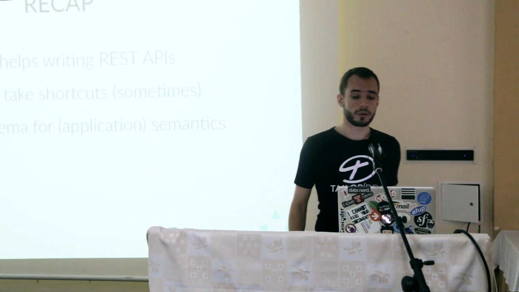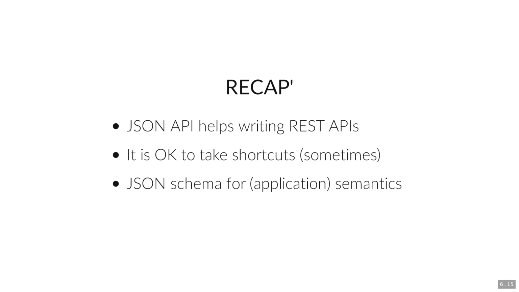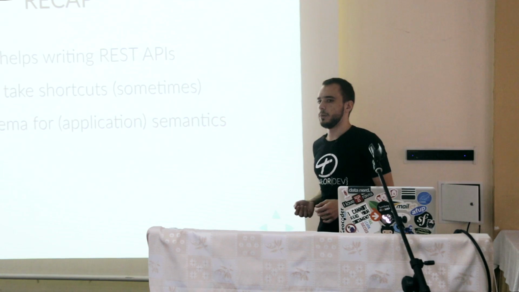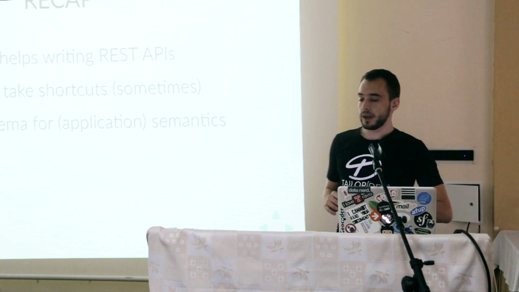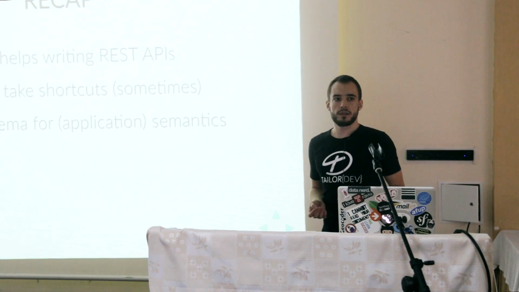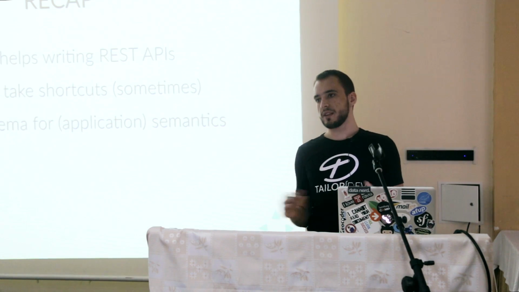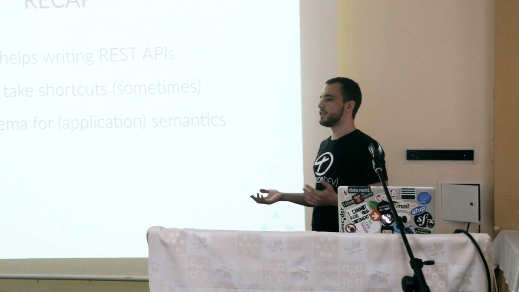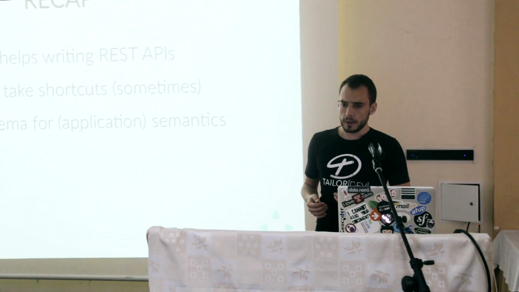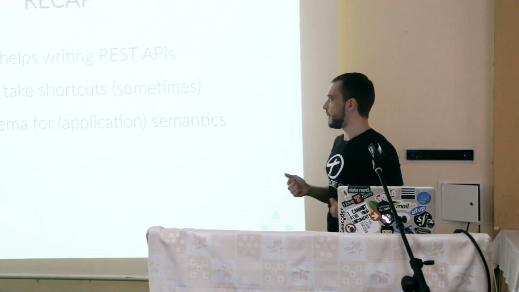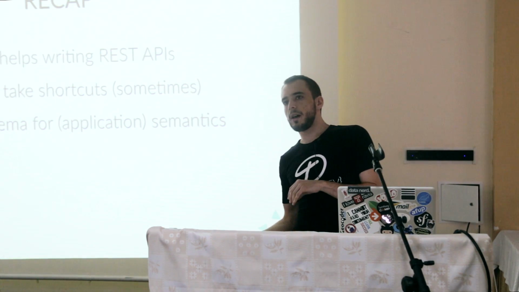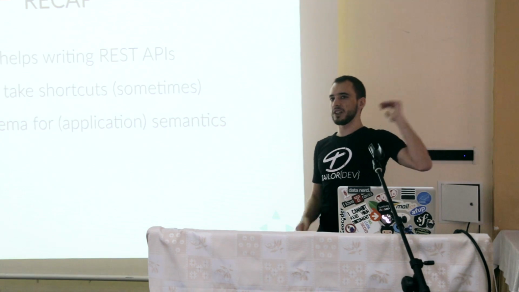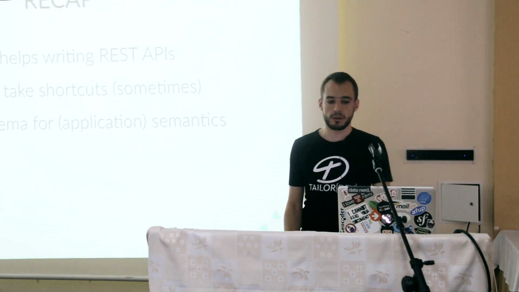And that's my point. It's okay to be REST compliant, but it's nearly impossible. We saw this before. JSON API helps you write REST APIs because it's a nice hypermedia format. It's not far from traditional JSON APIs, just the plain whole HTTP API, but it helps you reach level 3 of the resource maturity model.